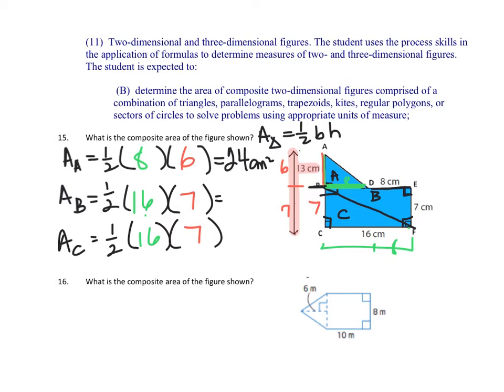I'm sure it is now, but I'm going to go ahead and get out my calculator because that's what I started doing. 0.5 times 16 times 7 is 56, yes. All right, so we got 56 and 56.